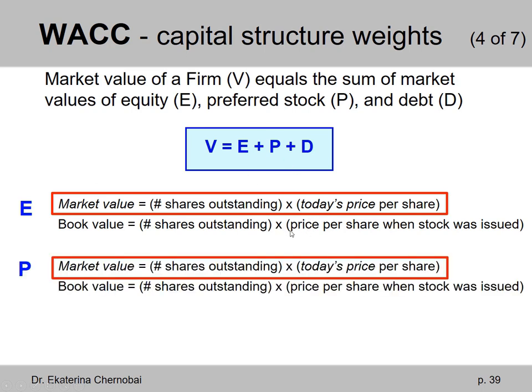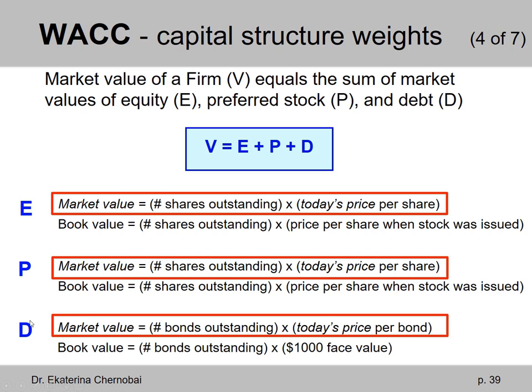The same thing can be said about the market value of preferred stock, which is capital letter P in our firm value formula. We need to multiply the number of shares outstanding by today's price per share rather than the price per share when stock was issued, which would be the book value.